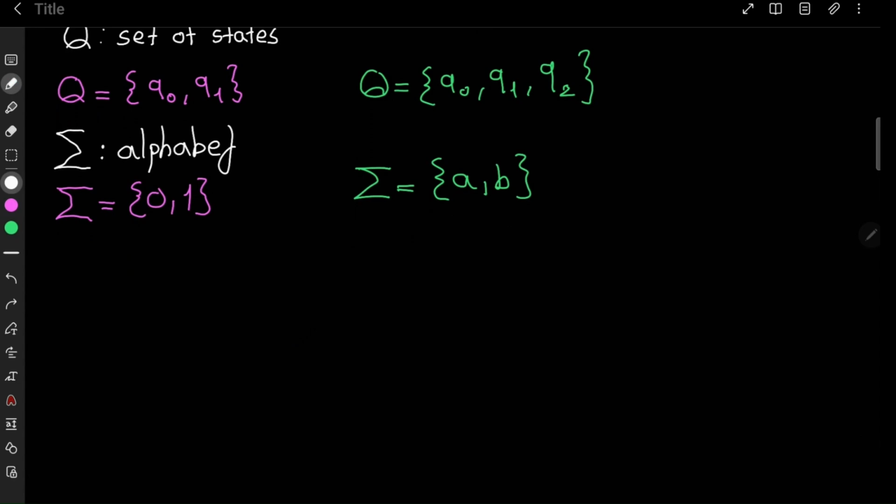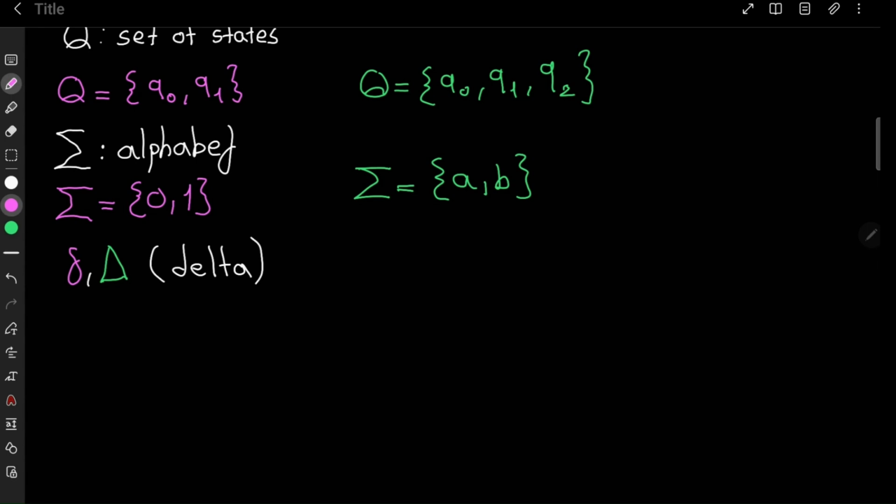The next notation is delta. It is shown in DFA like that, and in NFA like that, and it is called delta. It stands for the transition function.